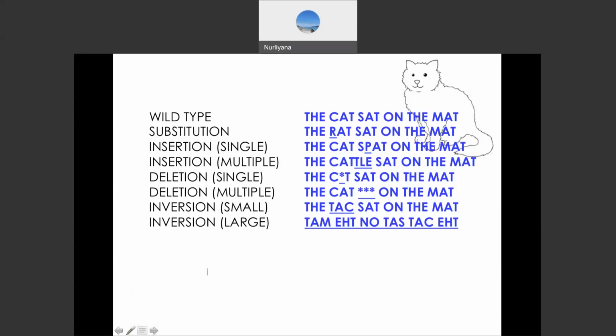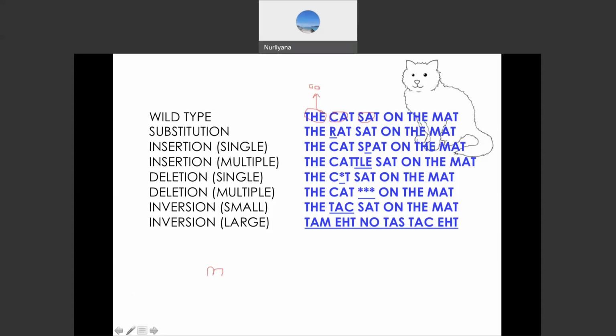For example, if there is no alteration, let's imagine that the cat sat on the mat. If you remember, the bases are arranged in threes, jujukan untuk ketiga-tiga huruf ataupun base, because each of these three bases will be translated into a specific amino acid.